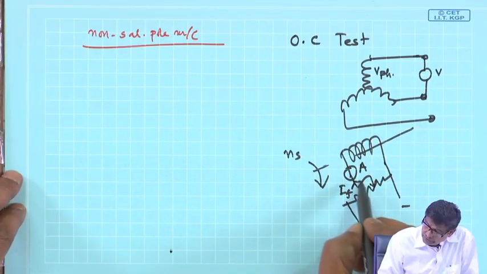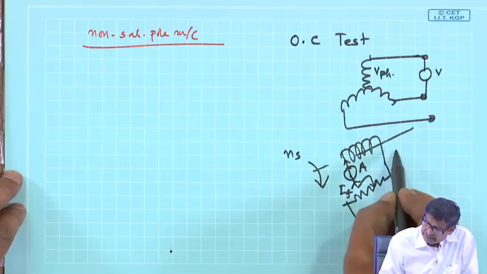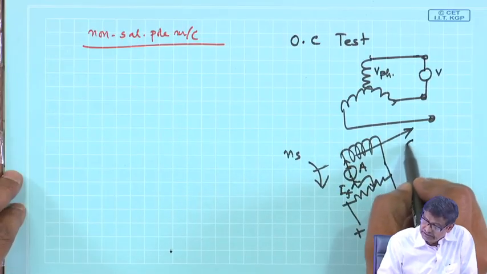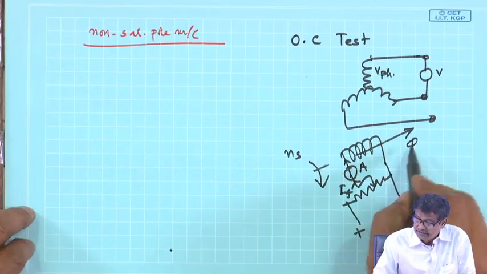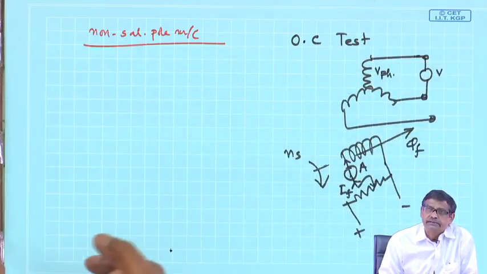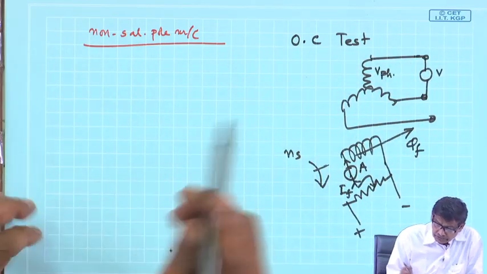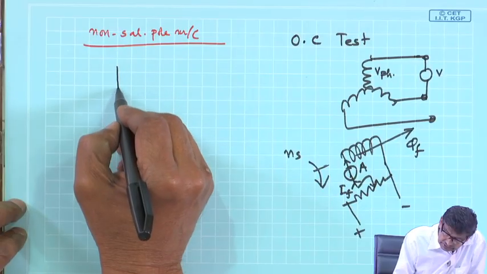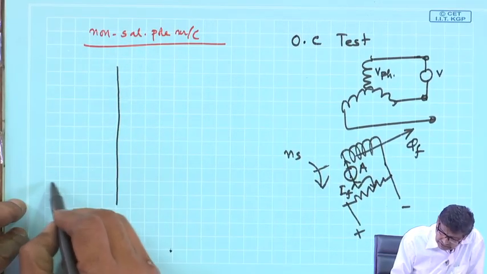Now, if you go on changing the field current, which decides the flux phi f, the induced voltage will increase. Okay? How will it increase?